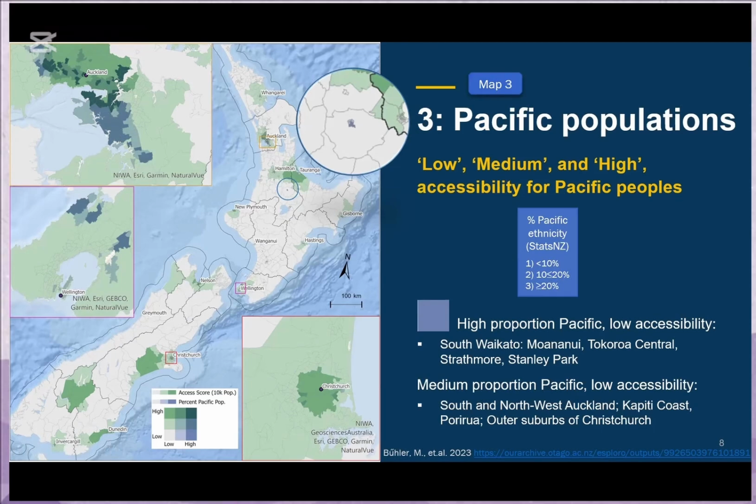However, there's known failings of the census process that has very poor capture of Pacific ethnicity and Māori. So even where there's low accessibility and medium proportion Pacific or even medium accessibility, those areas, in those urban areas, are still targets for health workforce interventions.